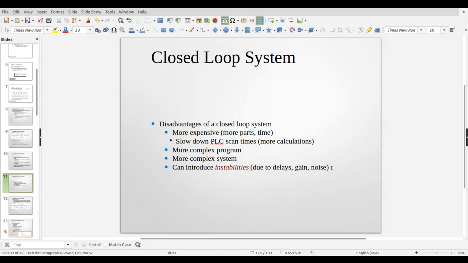And there's that delay between when you sensed how much moisture was in the clothes and when you actually send out a new instruction. And so that delay can cause or add to the possibility of the system going unstable.